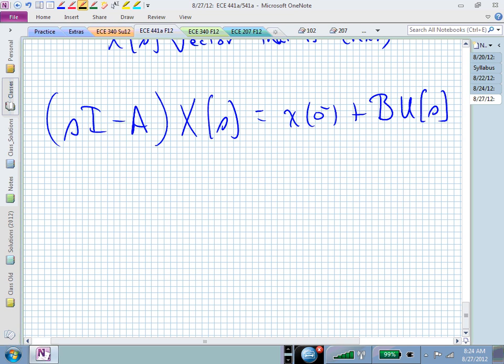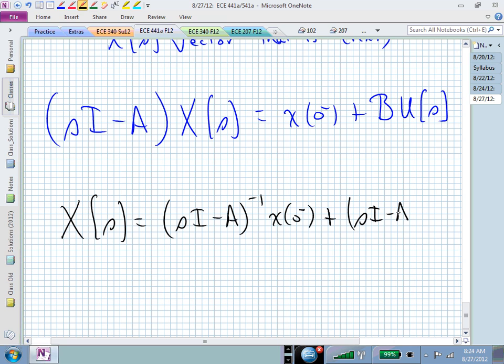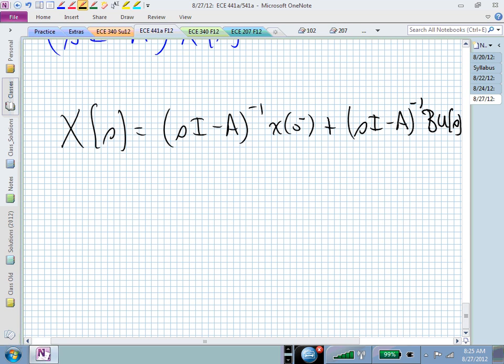And if I operate on the left by (sI minus A) inverse, I end up with capital X(s), and over here on the right I have (sI minus A) inverse x(0) plus (sI minus A) inverse BU(s). Now I'm getting close to where I want to be. I have an expression for capital X(s).